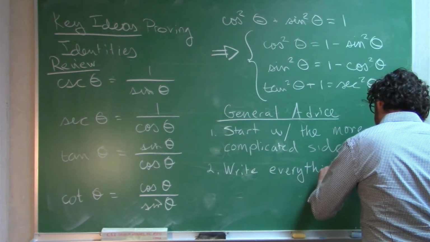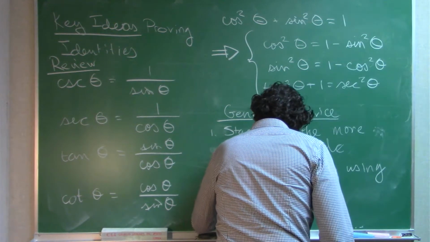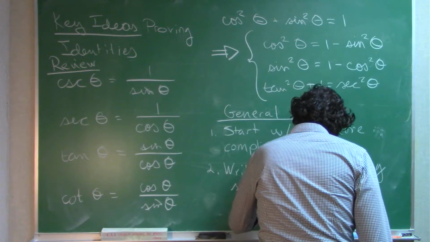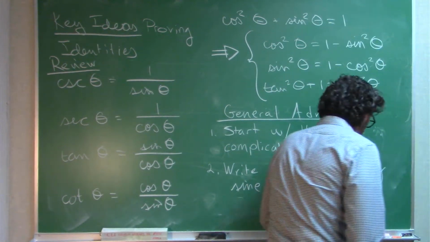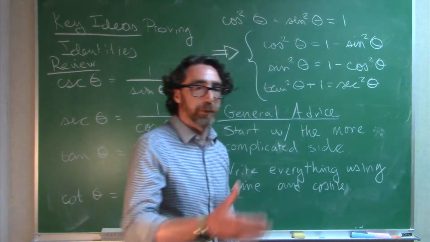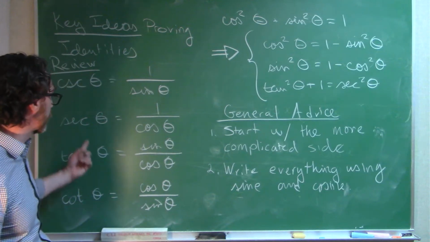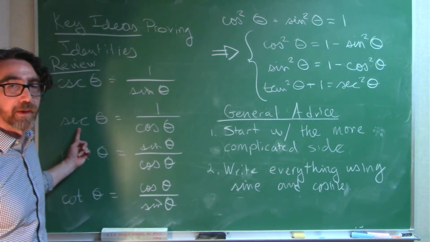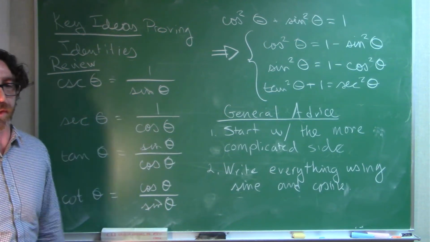Write everything using sine and cosine. Rewrite all the expressions using only sine and cosine. In other words, if you see secant in there, replace it. Instead of writing secant, write 1 over cosine.